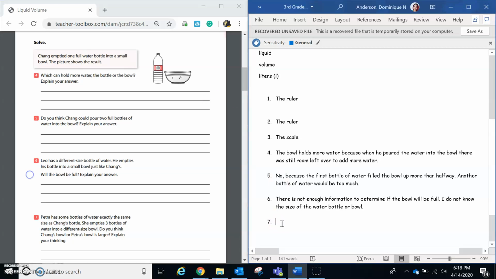Petra's. Good. Petra's bowl is bigger. And why is her bowl bigger? Good, because she was able to add 3 water bottles where Chang could only add 1.